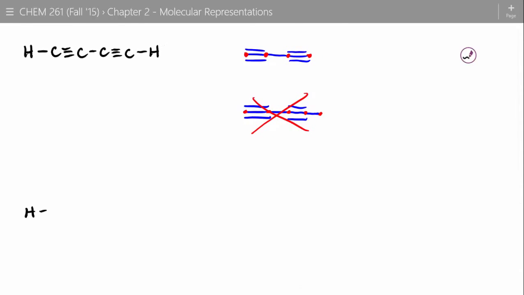So we've got hydrogen, oxygen, carbon, double bond to oxygen, carbon, double bond to a carbon, and we've got a hydrogen, hydrogen, hydrogen.